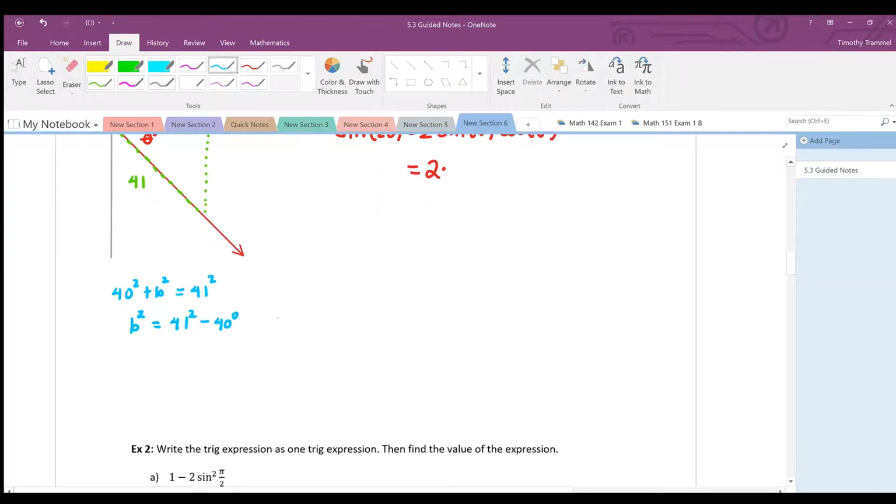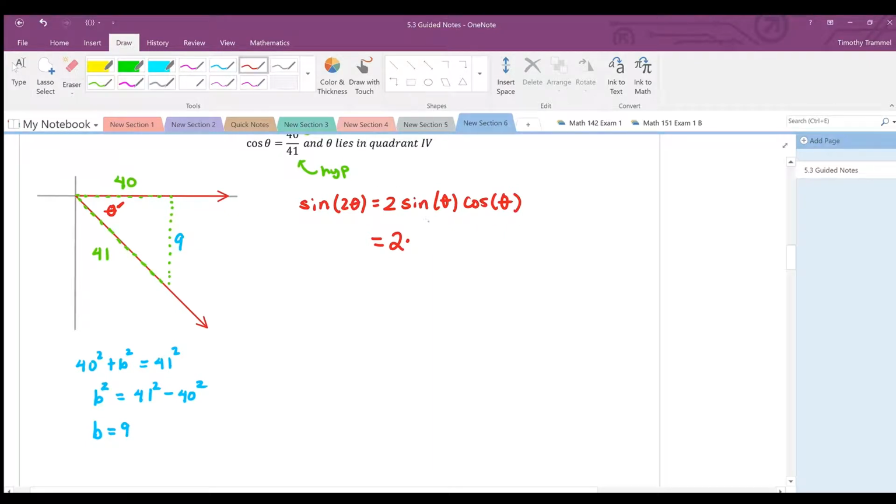And let me fix that square. Here we go. And so then we get b is equal to the square root of whatever 41 squared minus 40 squared is, and that happens to be 9. That's the length of that side there.